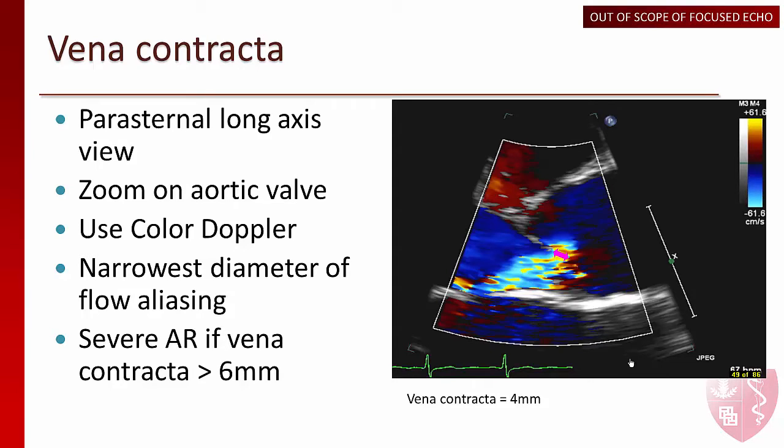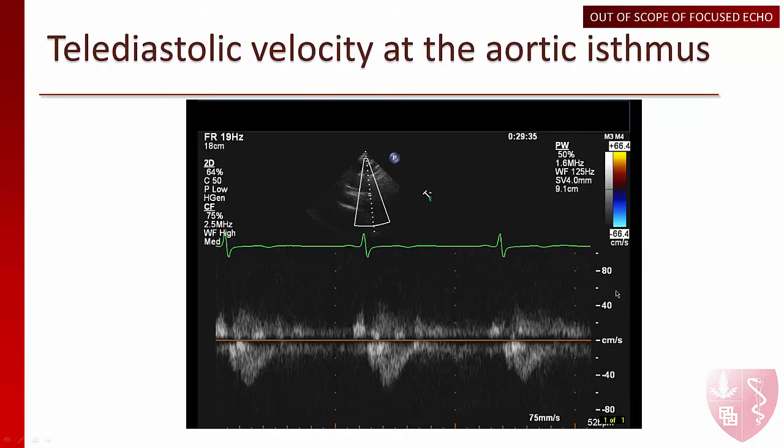You can also look at the telediastolic velocity at the aortic isthmus, and you will put your pulsed Doppler sample just at the isthmus at the proximal part of the descending aorta. And you will see first a negative flow which is going away from the transducer, and that corresponds to the normal ejection through the aorta.